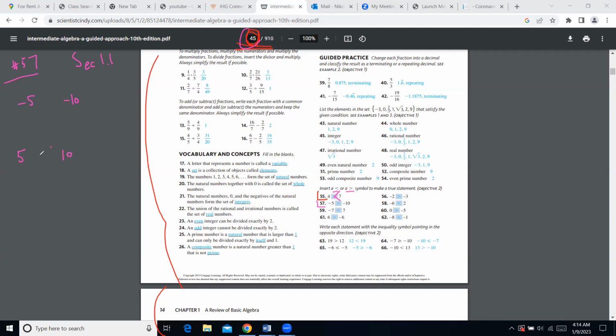Well, we know for sure that 5 is less than 10, and that's how we show that. So we can see this on the picture of the so-called number line. I can put 5 here and then 10, which is greater. The number to the right is greater. The number to the left is smaller. Then I can put the negative numbers.